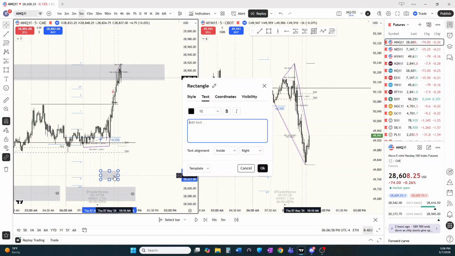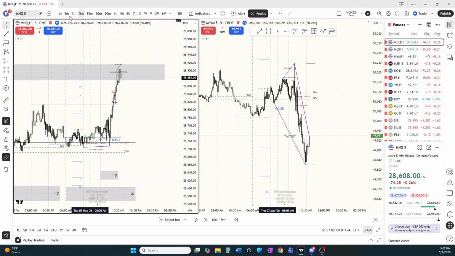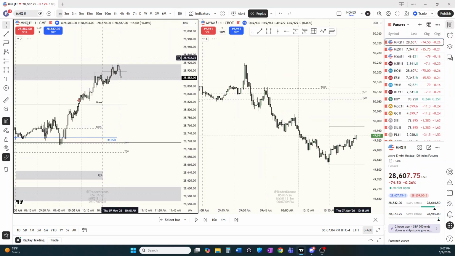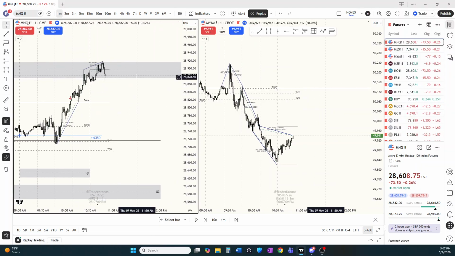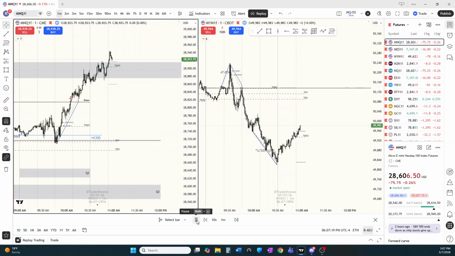So let me select it. There we go. Q3. So all I'm waiting for now is somewhere in here, right, Q3, to form another sequential SMT on the micro. If it does, that's very high probability.